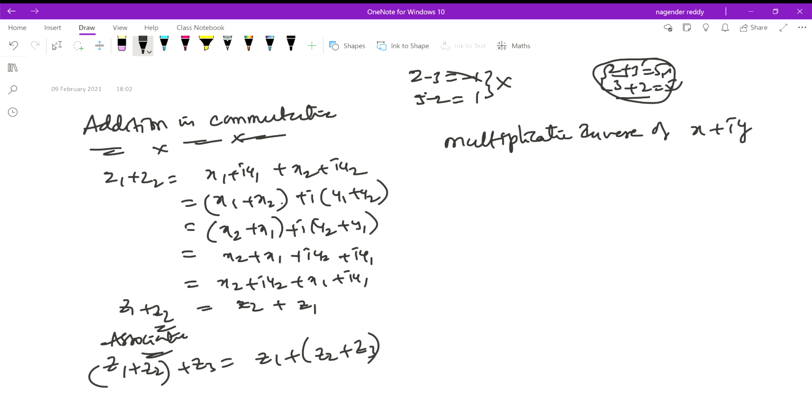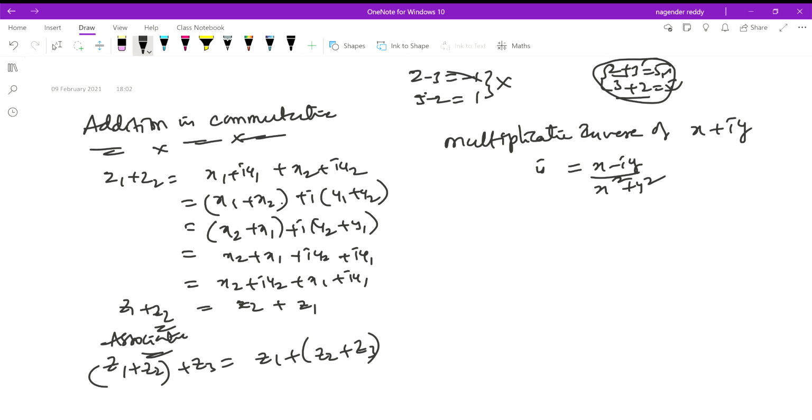The formula is x minus iy by x square plus y square. Here we are not going to discuss it, because in division we already know that. What is the multiplicative inverse? It is 1 by x plus iy, or otherwise x minus iy by x minus iy, that you can rationalize and you will get all these things here.